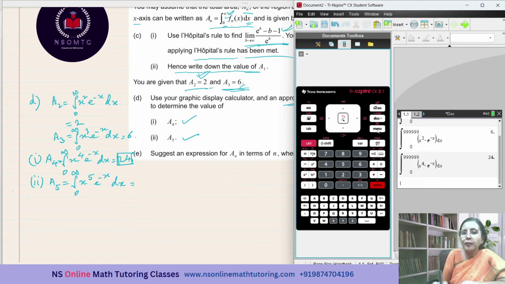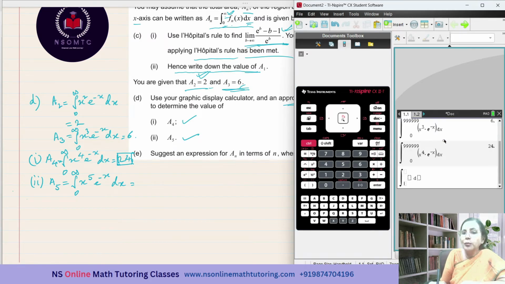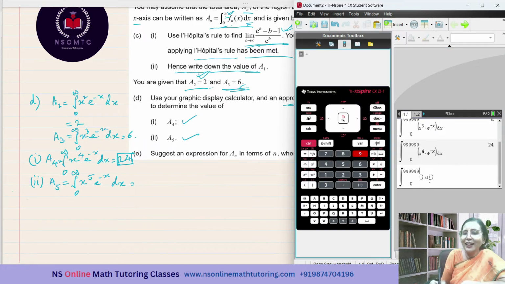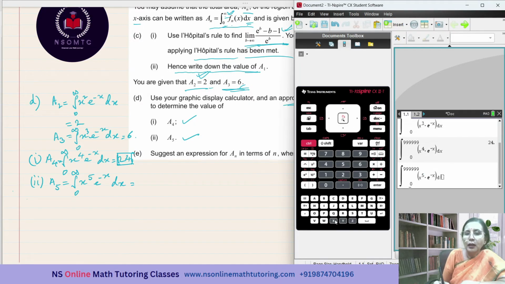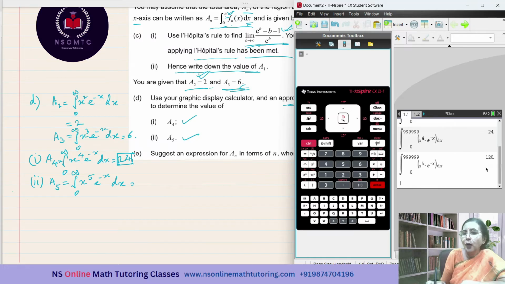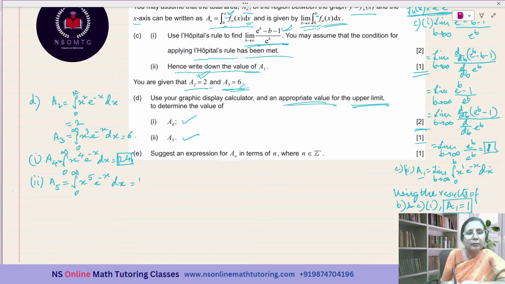Okay, so again calculus and numerical integral and 0 and 99999 and x to the power of 5 times e to the power of negative x dx. 120. Okay.